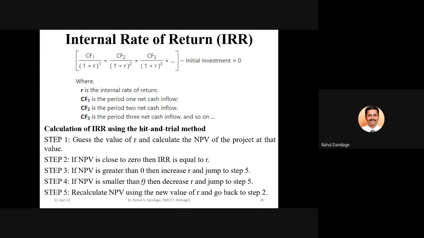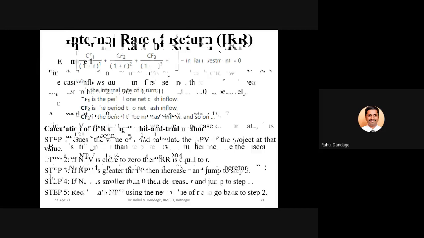So recalculate the NPV using the new value of R and go back to step 2. Likewise, we have to experiment with different values of R and try to find the approximately correct value for the internal rate of return, which gives the net present value of the project equal to 0.